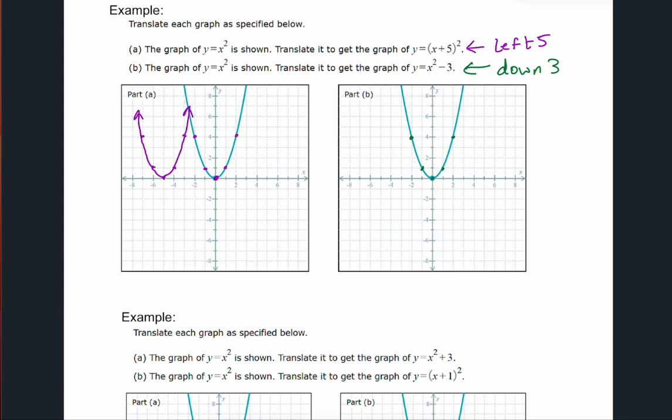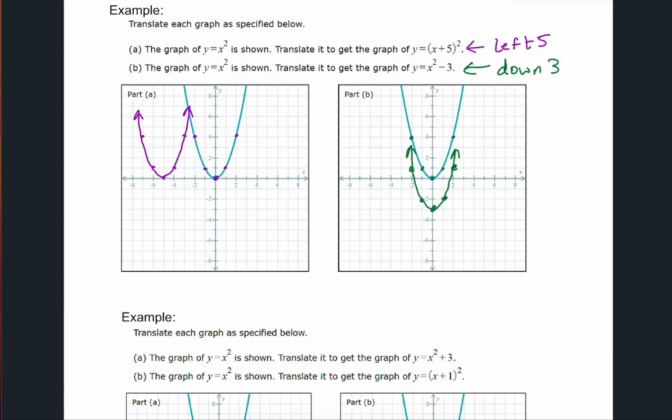Just count from each point down 3. You can see down 3, down 3, down 3, down 3, down 3. Everything will just drop down 3 and make your new parabola.